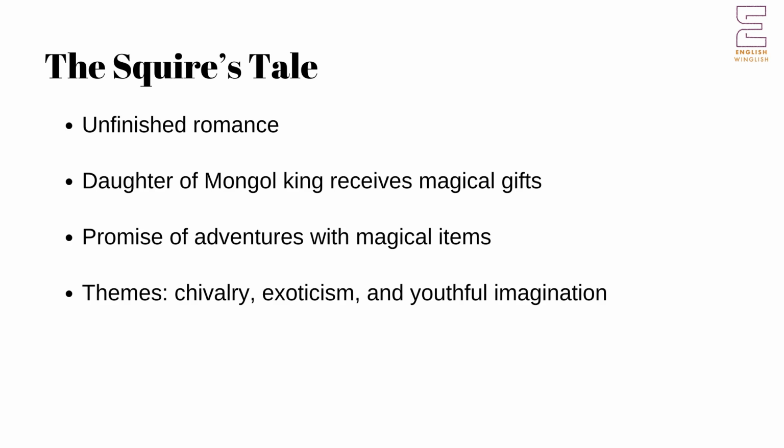The tale begins with the promise of adventures involving these magical items, but it abruptly ends before the story can fully develop. The Squire's Tale highlights themes of chivalry, exoticism, and the marvels of the East, reflecting the youthful and romantic imagination of the Squire.